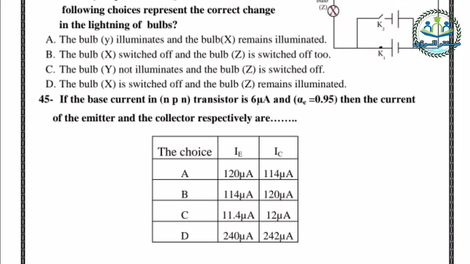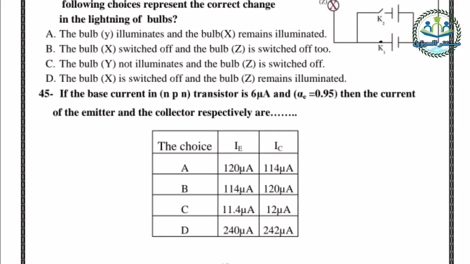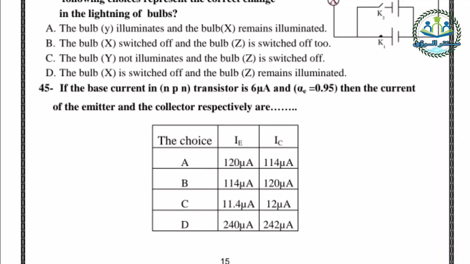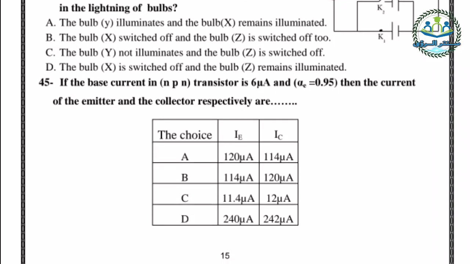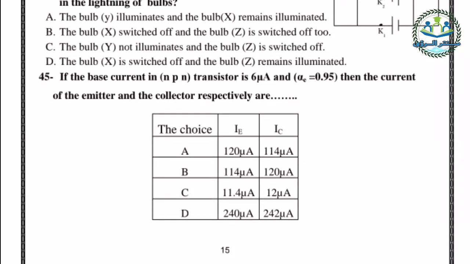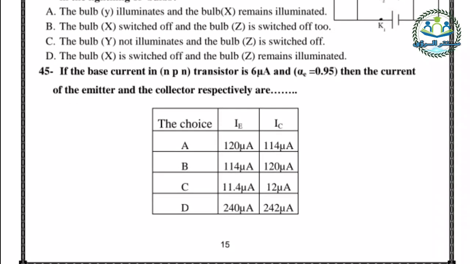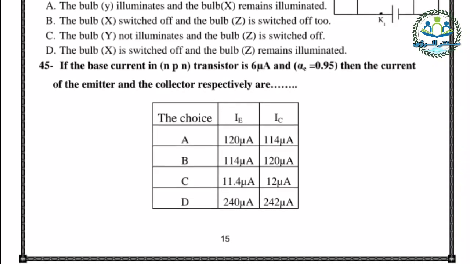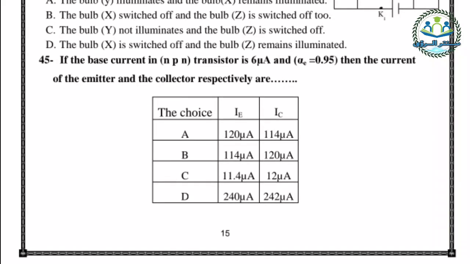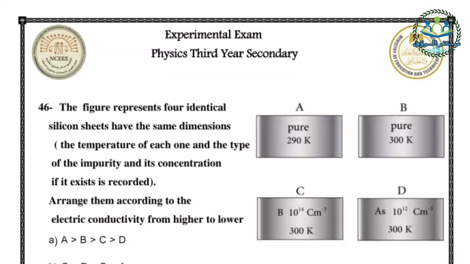B. 114 µA, 120 µA. C. 11.4 µA, 12 µA. D. 240 µA, 242 µA.